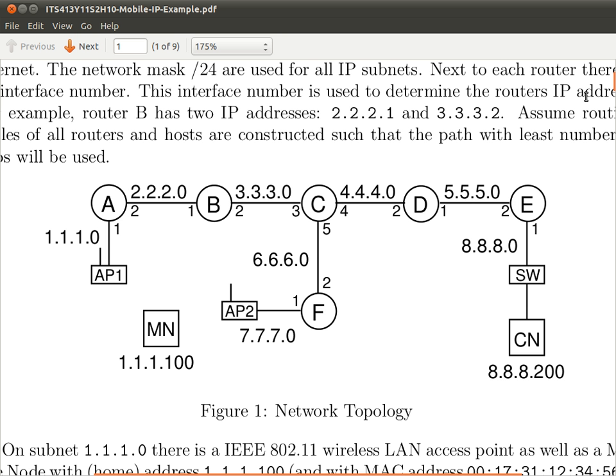The foreign agent uses the visitors list to see, okay, we now have a packet destined to 111.100. We know this mobile node is visiting our network, so we will not send it back to 111.100 out here. Because it's in the visitors list, we know it's local, we will send it to the mobile node here.